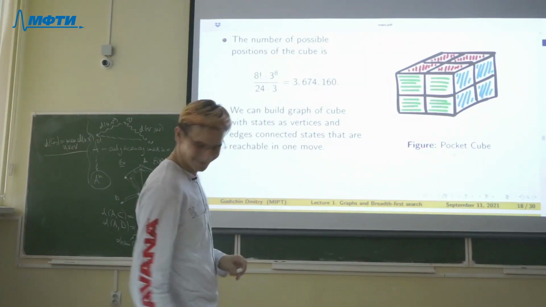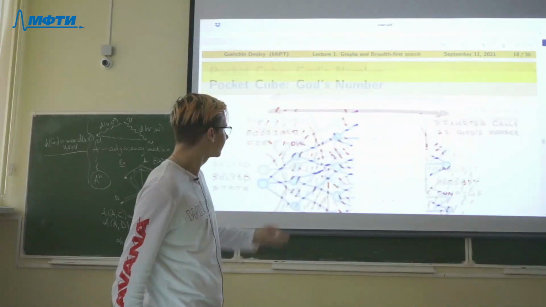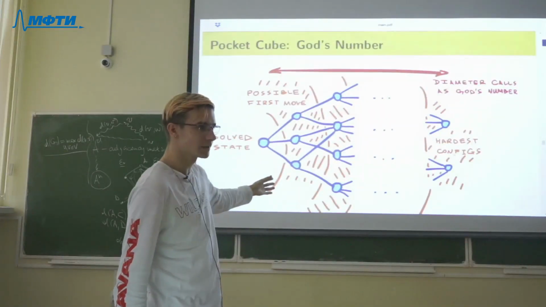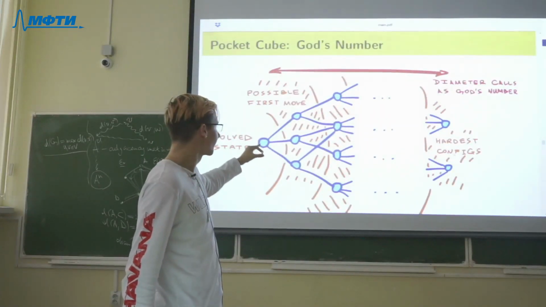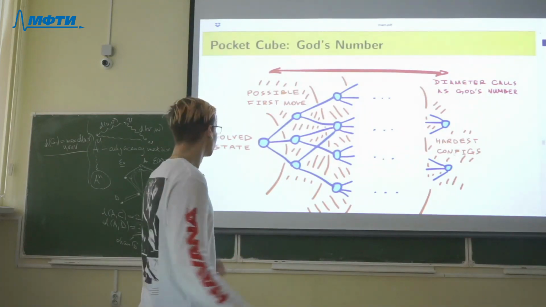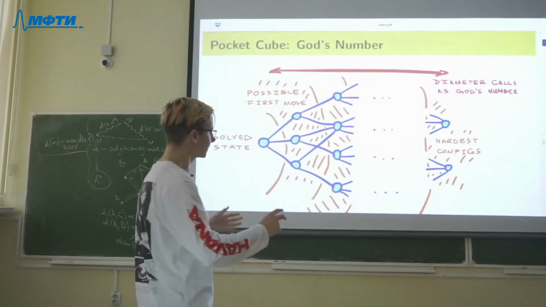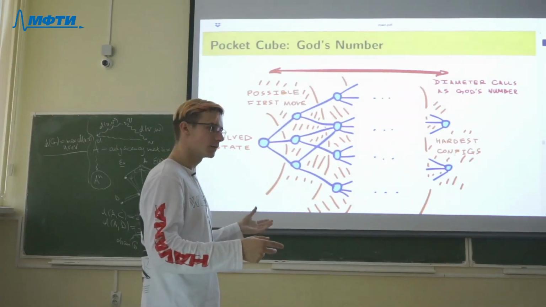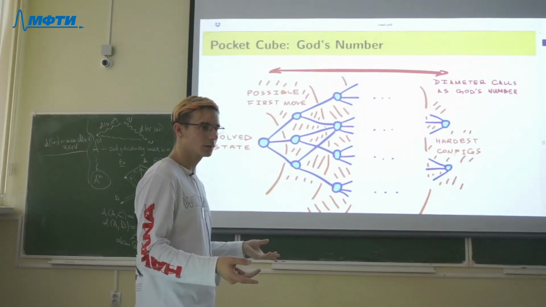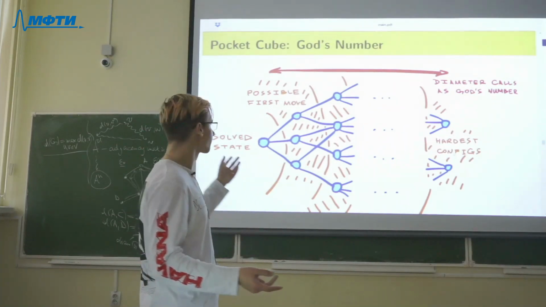Then we have finite states, and we connect two states with an edge when we can get from one state to the other in one move.